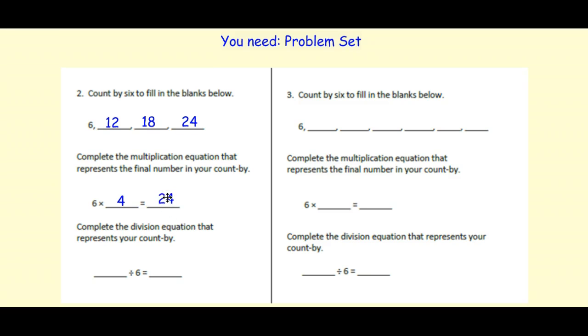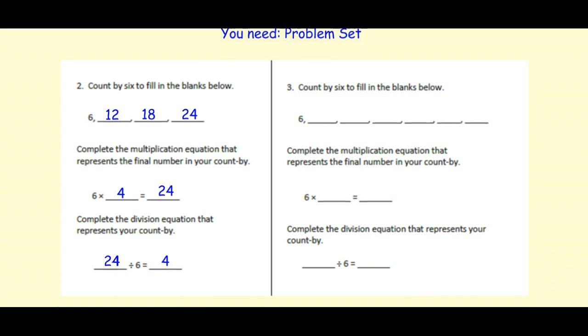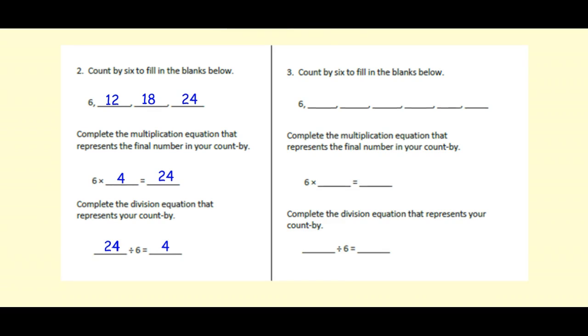And now we are just going to write a related division equation that would go with our count by as well. Since it's division, you know that we start with the total. 24 divided by 6 equals 4.